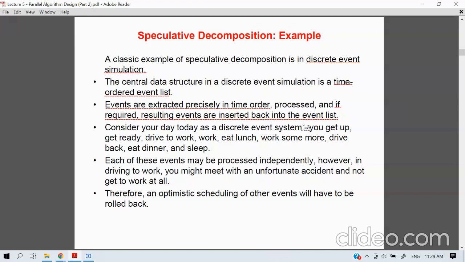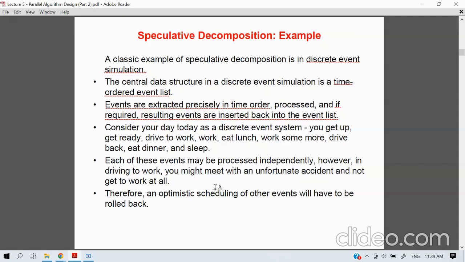Sometimes when we already set or define the events that we want to process, an error might occur in the event. When the error occurs, we need to restart back. You might meet with an unfortunate accident.